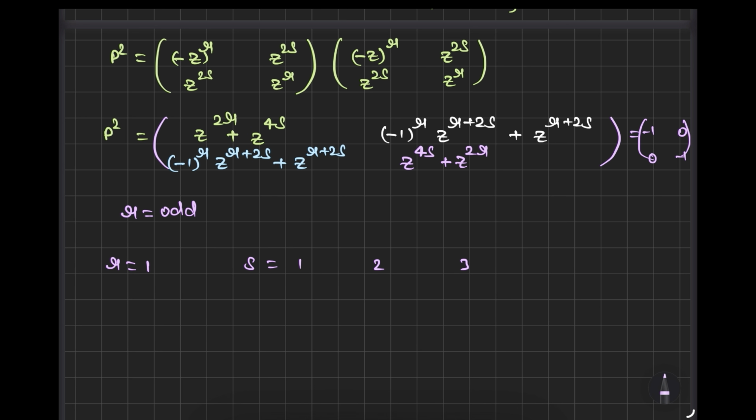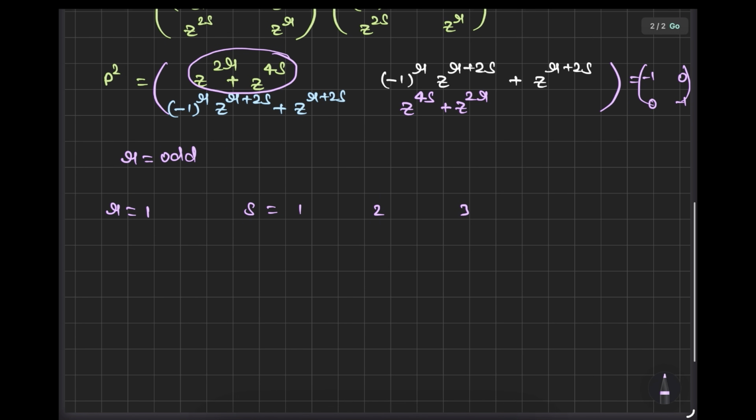Now be super slow. Suppose that s is 1. So r is 1, s is 1. So can I say that omega power 2 plus omega power 4? You know that omega cube is 1. So this thing will become omega cube into omega.